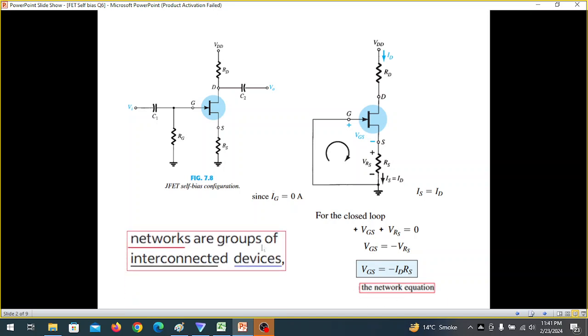Now the networks are a group of interconnected devices. Basically there are two plots that will be discussed. One is called the network plot, another is called the device plot. When we say device, we only mean the FET. When we say network, we mean the whole network.